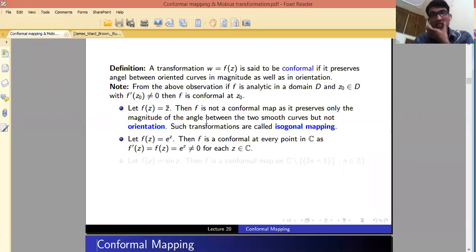And the second example: let f(z) equal to e to the power z.